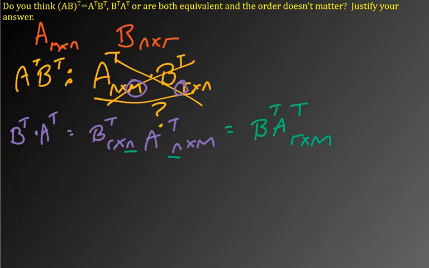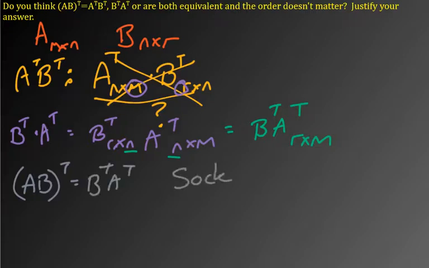So this is actually the right way to do it. And it's so famous it actually gets a nickname. AB transpose is actually B^T A^T, and the term this often gets is socks and shoes. And it kind of makes sense.